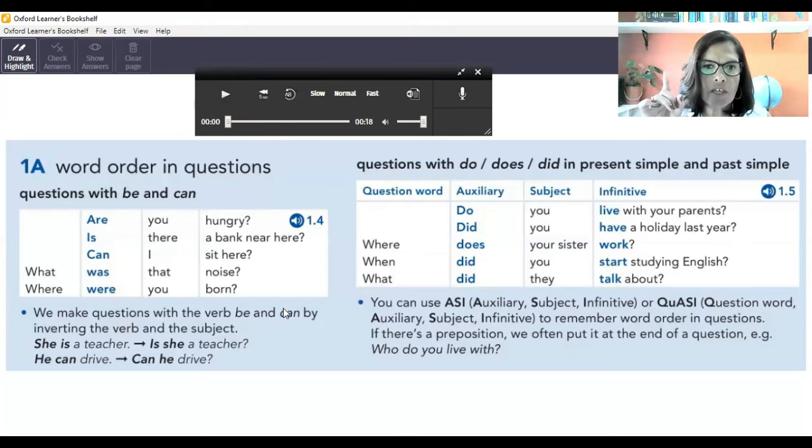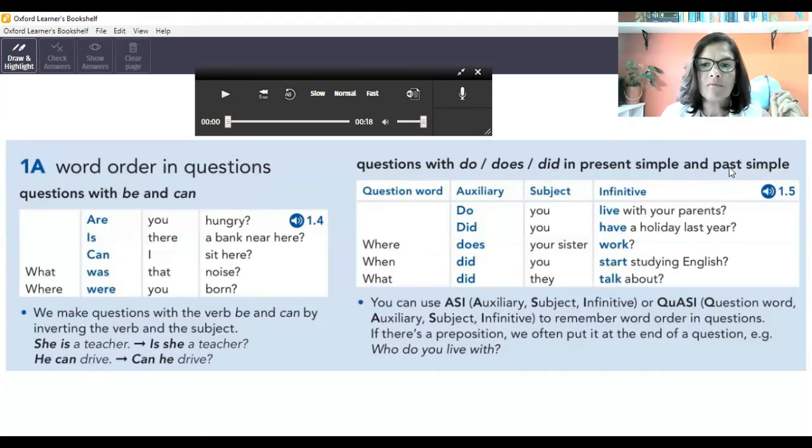She's a teacher. Is she a teacher? He can drive. Can he drive? Both of them are yes or no questions.